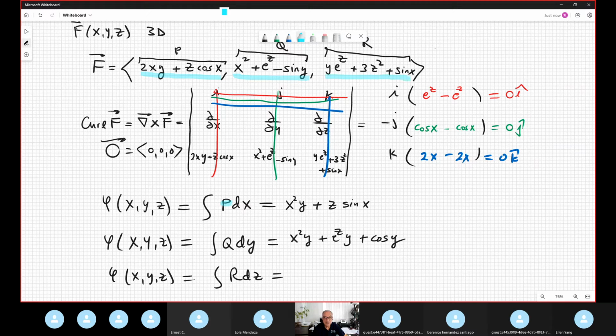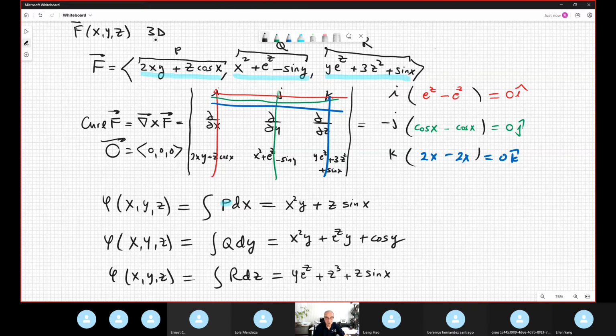And finally, R. And your antiderivative with respect to z. The antiderivative with respect to z, the first one is y e to the z. Remember, the antiderivative of exponential is the same function, that's e to the z. Plus, this is z cubed, divided by 3 is z cubed. Plus, and the derivative of sine, but with respect to z. Then, z sine x.